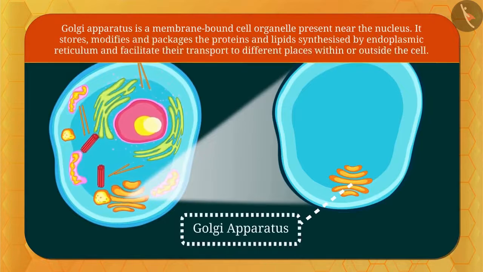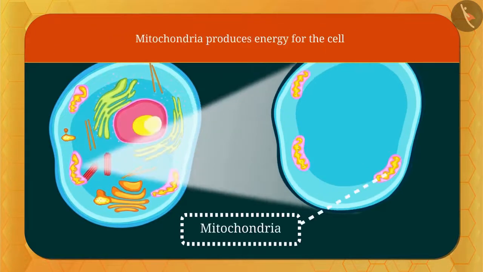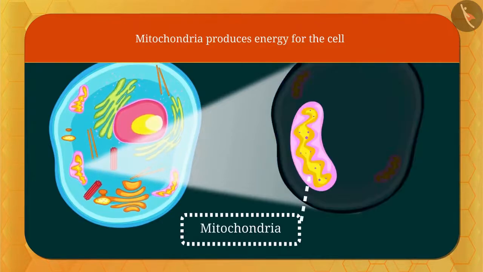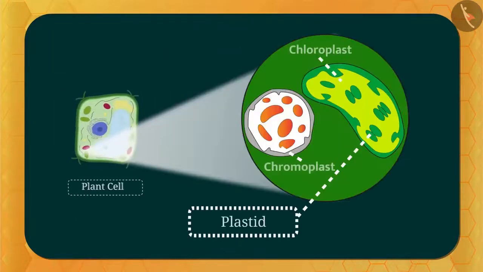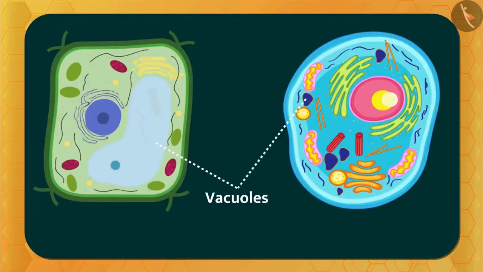After this is the Golgi apparatus. And this is called lysosomes. And this is called mitochondria. This is plastid, which is found only in plant cells. And now, these are vacuoles, which are very large in plant cells and very small in animal cells.